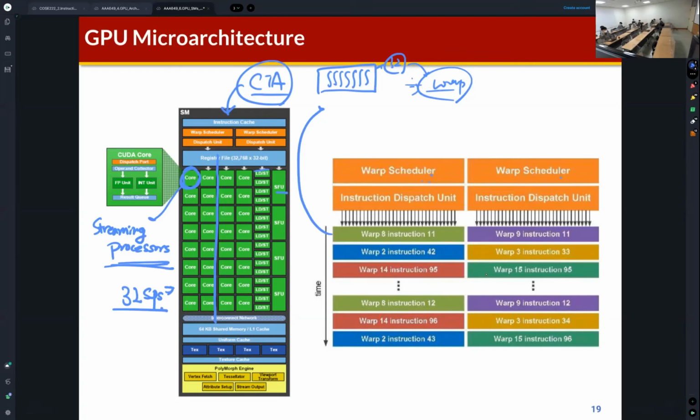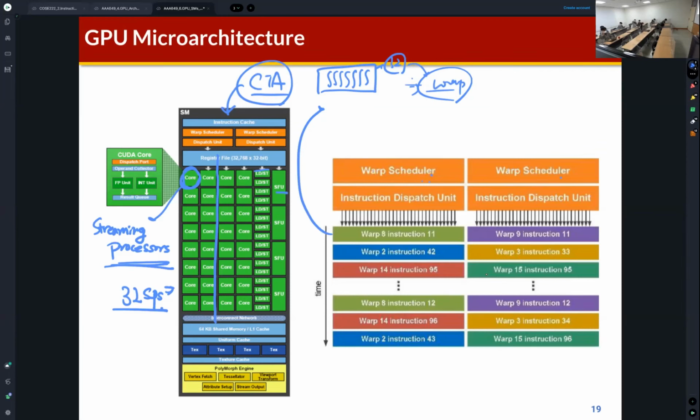But as I mentioned, a single CTA can have hundreds of threads, which means that from a single CTA, multiple warps can be generated, right? But in a warp, the number of threads is fixed at 32. This is the hardware, not software.